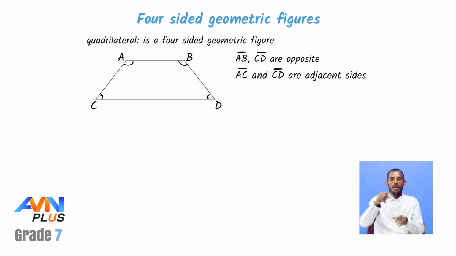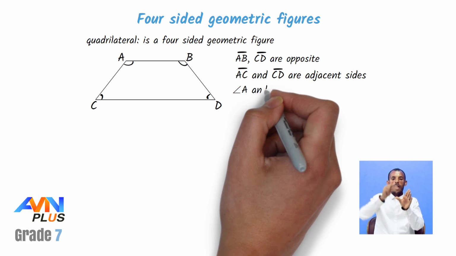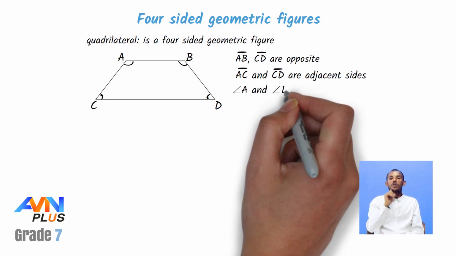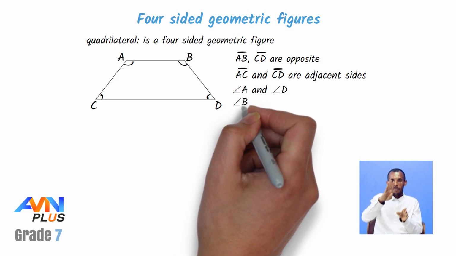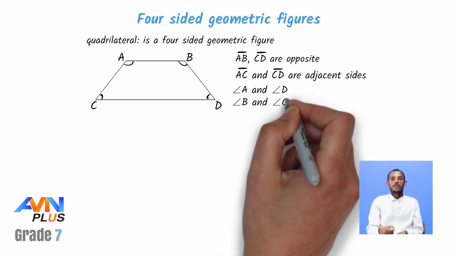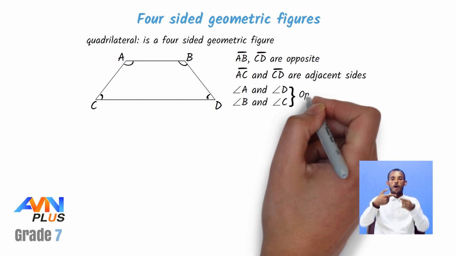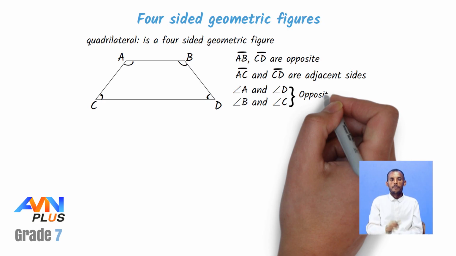Angle A and angle D are opposite angles. Not only these two, angle B and angle C are also opposite angles.